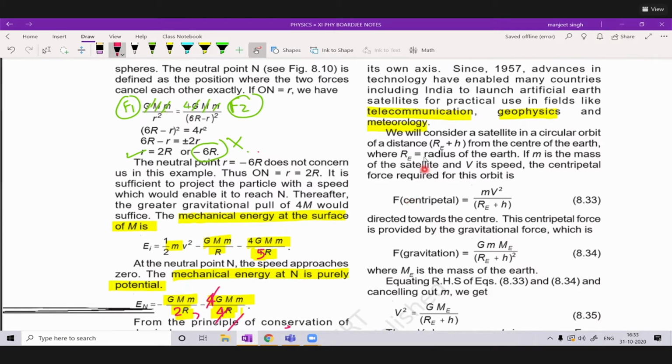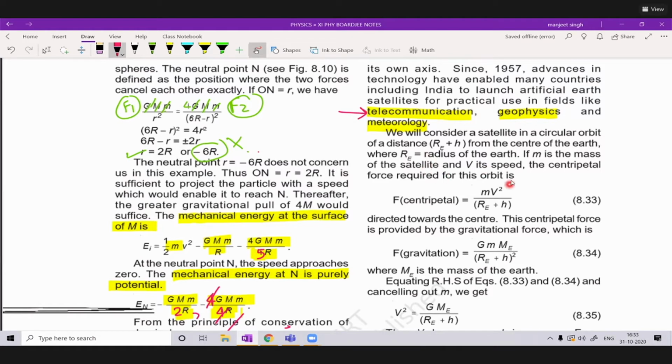SATCOM, satellite communication, telecommunications, geophysics, meteorology department. Study of the rocks and all things can be done with the help of satellites. The most important use of the satellite is in telecommunication.